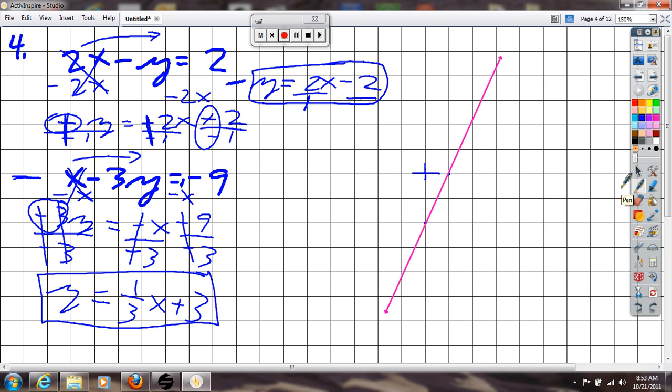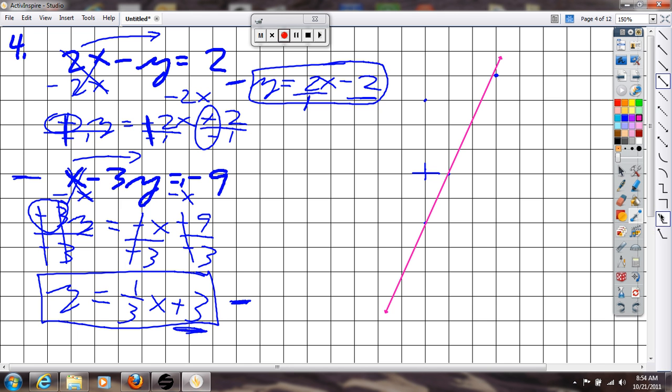Let's go to the bottom. This time we're going to go plus 3. There. So we're going up 3. Gives me that point. My slope is 1/3. So I'm going up 1 more, and then 1, 2, 3 to the right. Up 1, over 3. Draw that line.